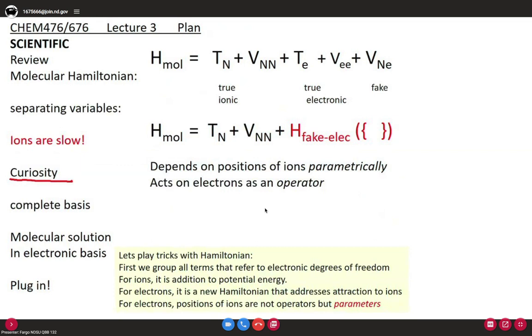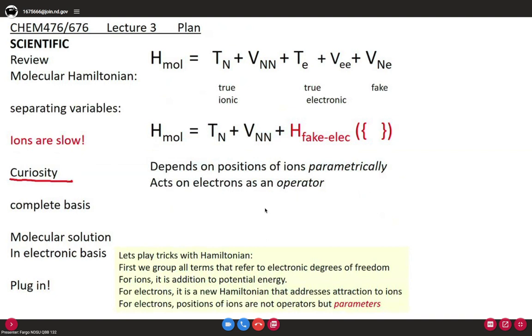So, how many types of terms do we have in the Hamiltonian? The same as fingers on one palm. Yes. 2 kinetic and 3 potential, right?